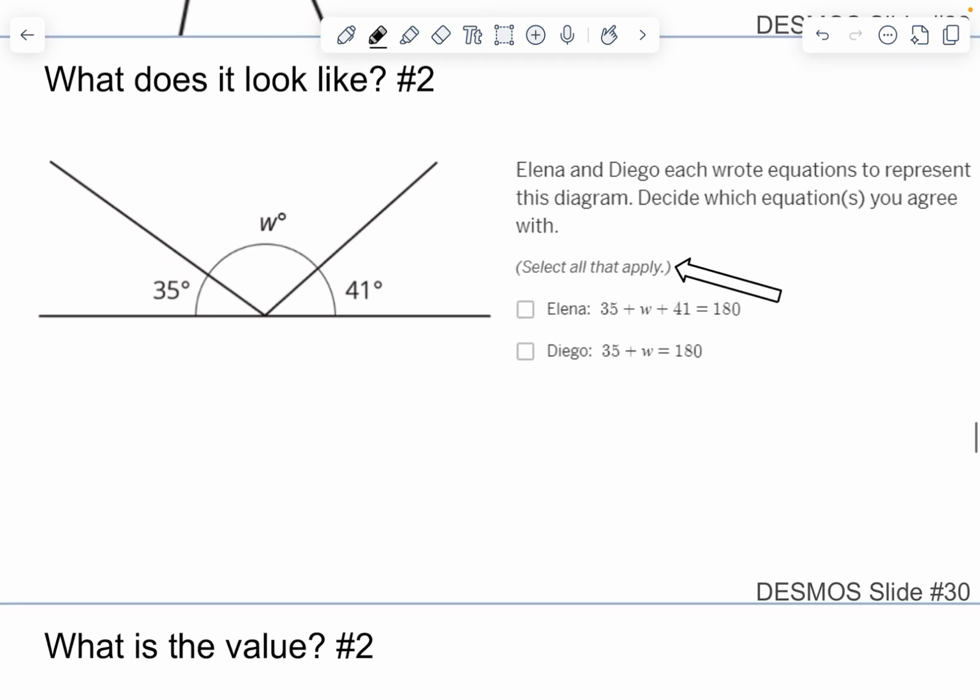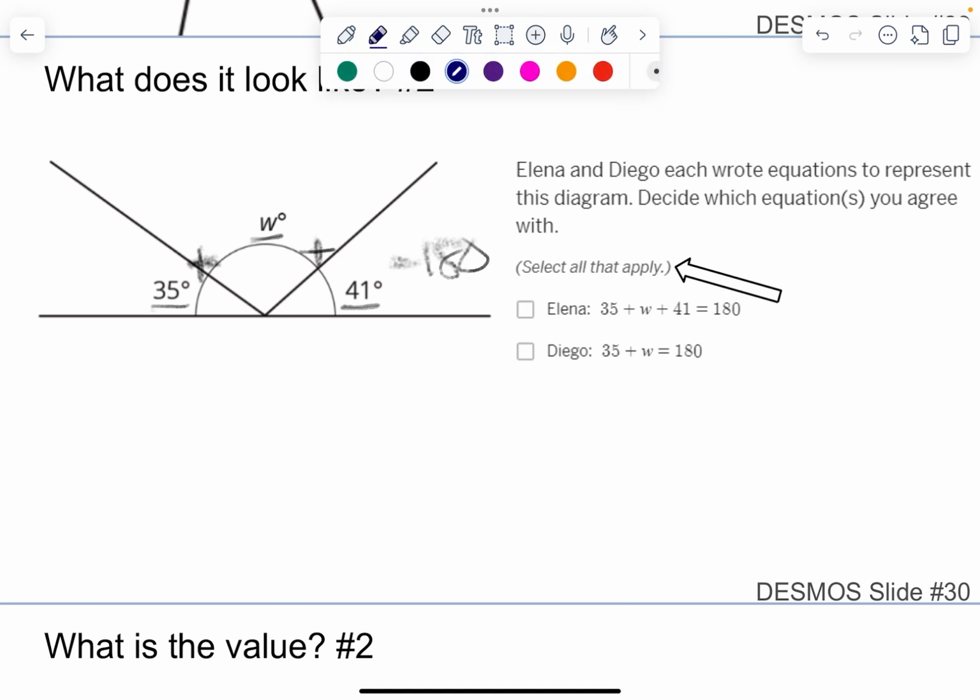So Elena and Diego wrote equations to represent this diagram. Which equations do you agree with? So Elena says that angle 35 plus angle W plus 41 equals 180. Well, let's see.